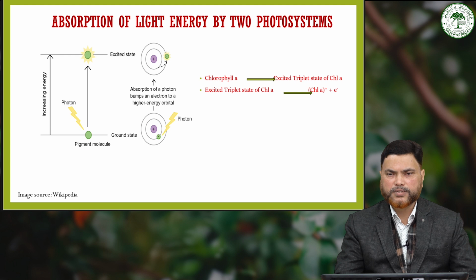When pigments absorb a photon, it is raised to an excited state as evident in the figure, meaning that one of its electrons is boosted to a higher energy orbital. Now these pigments in a photosystem act as an energy funnel, passing the energy towards the main reaction center.